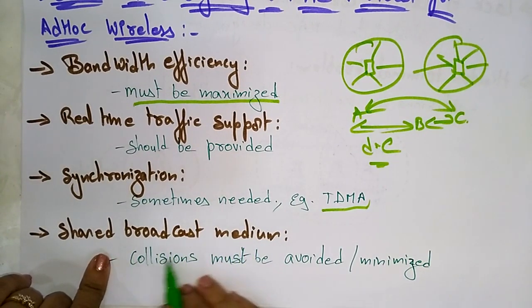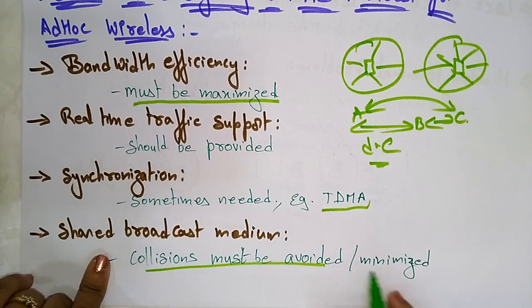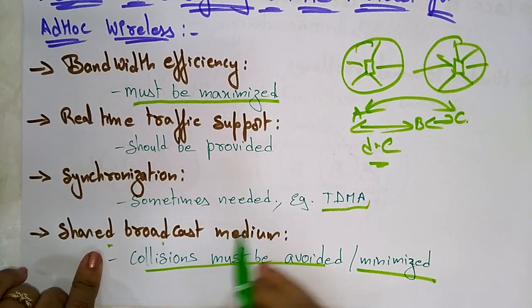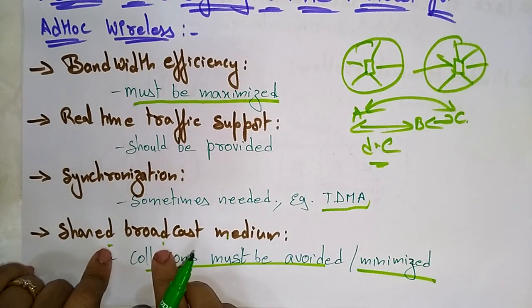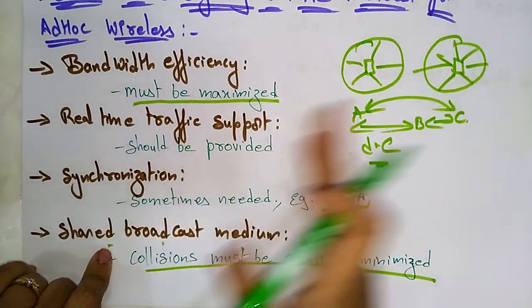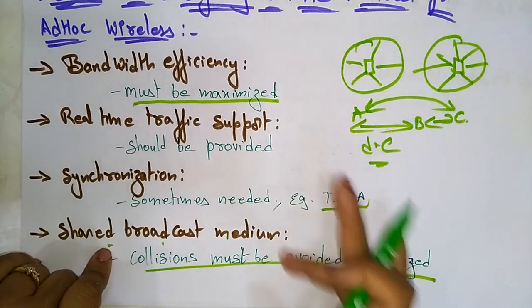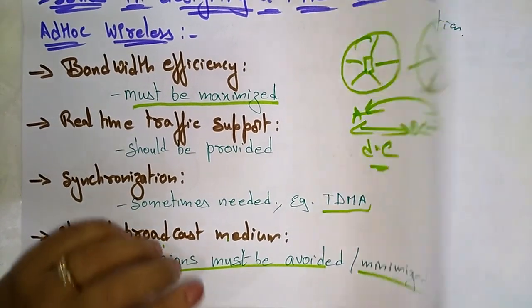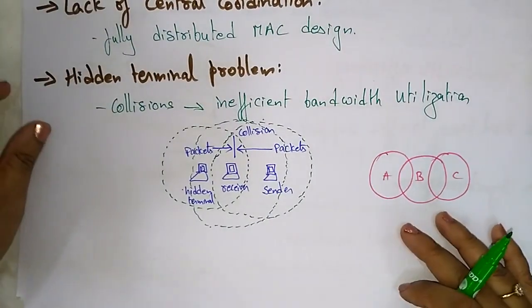We need a shared broadcast medium so that collisions can be avoided and minimized. If the shared broadcast medium is present, you can share the broadcast signal with whatever devices are participating in the network, so that collisions are avoided and minimized.